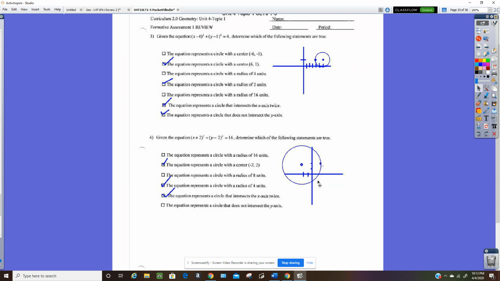So you can just sketch this by going 4 to the right, 4 up, 4 left, and 4 down, and then draw a circle. And see, that's the only question where you really need to look at the drawing here to see if it intersects the x-axis and the y-axis.